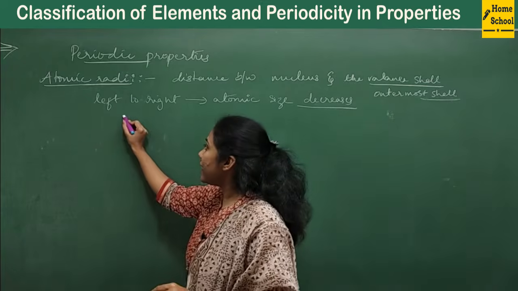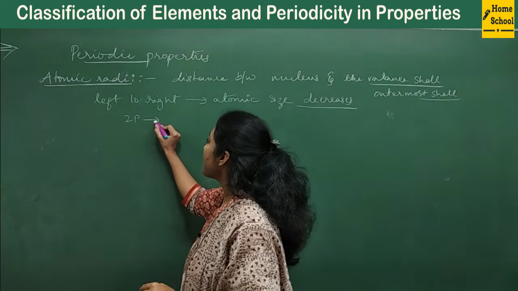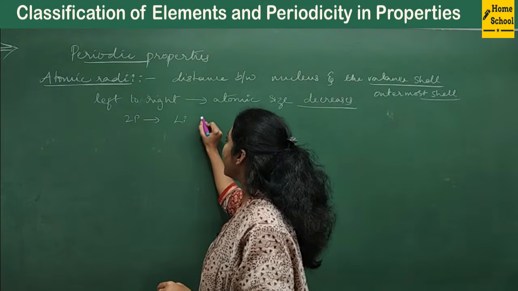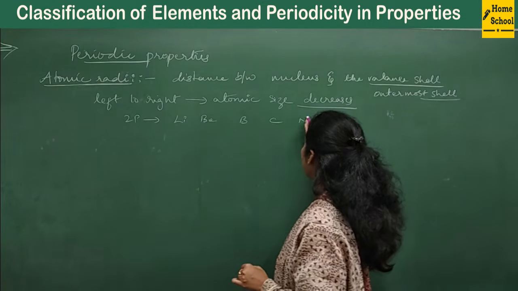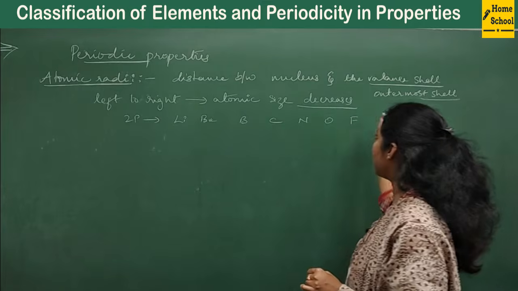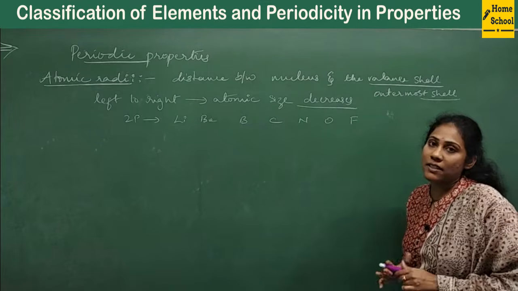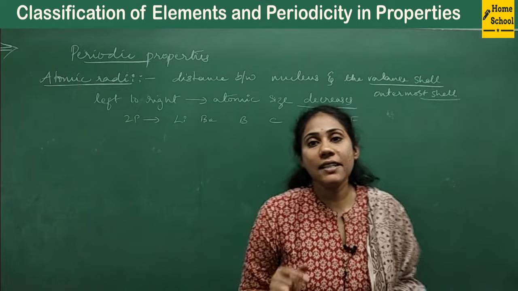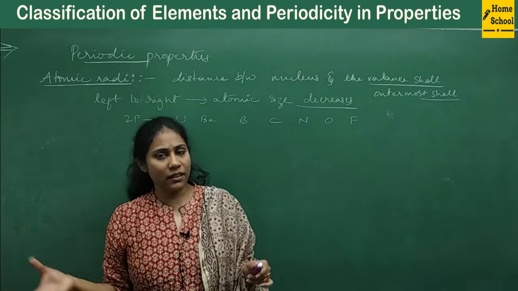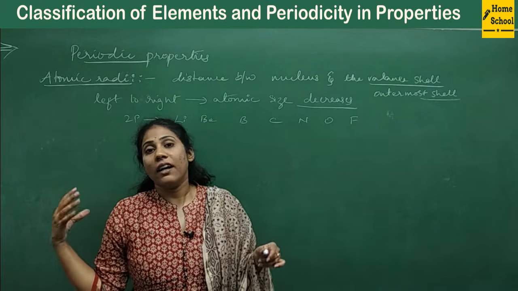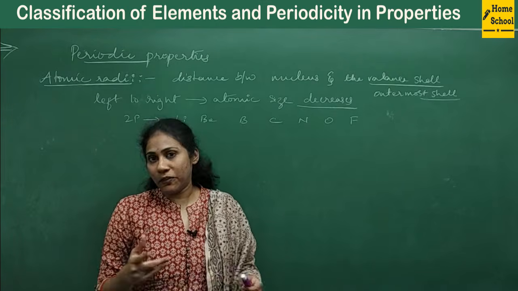If I take second period elements, I have lithium, beryllium, boron, carbon, nitrogen, oxygen and fluorine. Forget about noble gases, because in case of noble gases we consider van der Waals radii, which is a very much bigger type of radii.